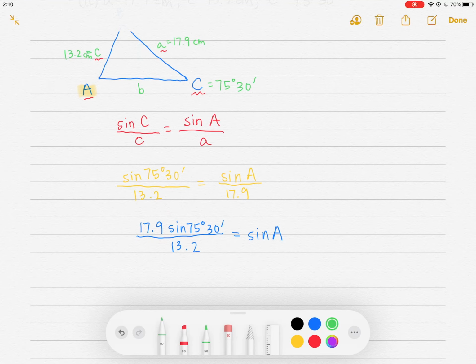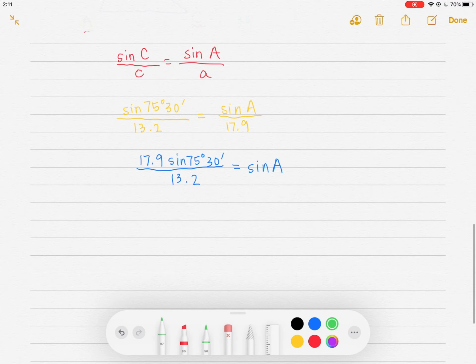That is inverse sine. So big A is equal to sine inverse of 17.9 sine of 75 degrees, 30 minutes, all over 13.2.